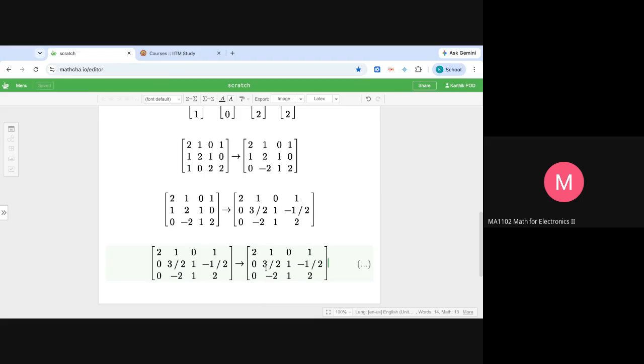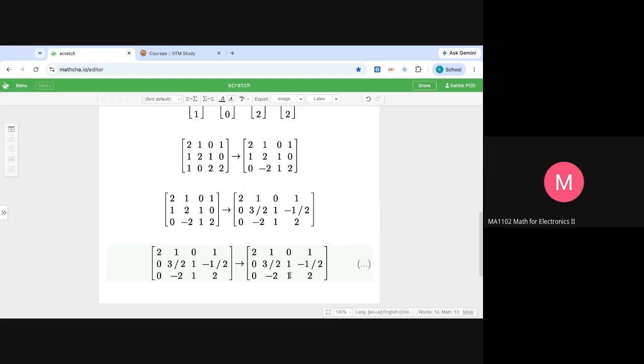What we can do is operate on minus 2 using row 2.